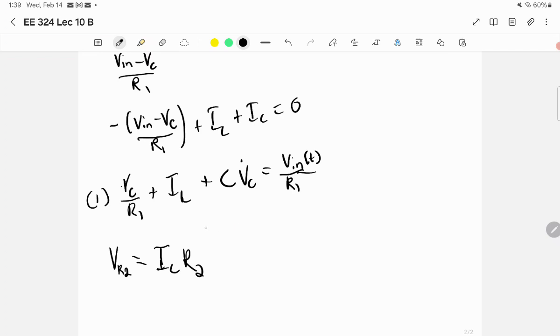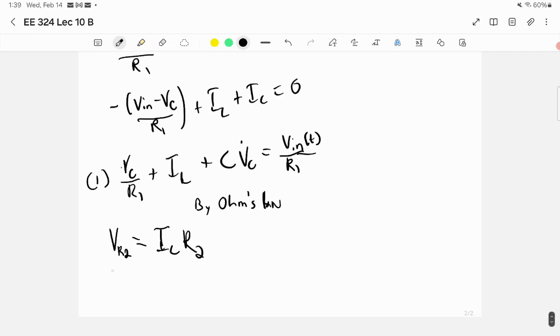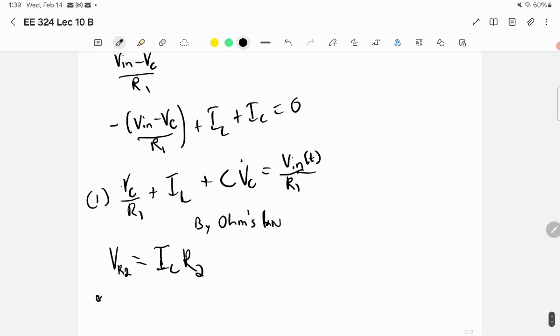This is again by Ohm's law. The other thing that I need is, of course, that VL is equal to L times IL dot.